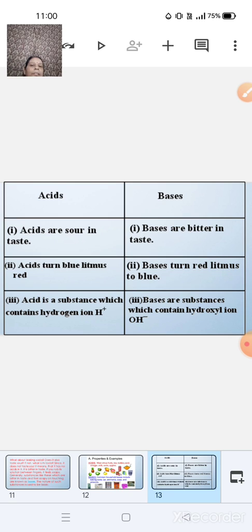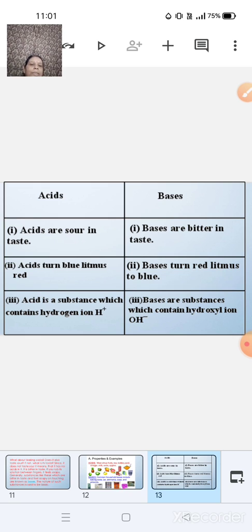Before going into it in detail, I will just tell you that acids have the characteristic of turning litmus paper. We have two types of litmus paper, red and blue, as you know. Acids turn blue litmus paper red, whereas bases turn red litmus blue.